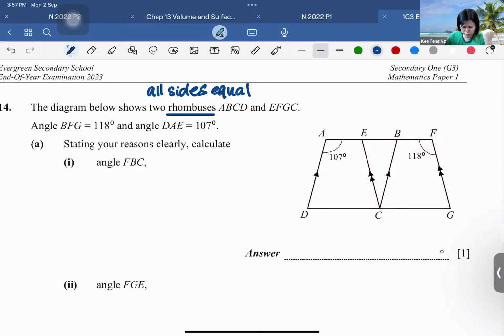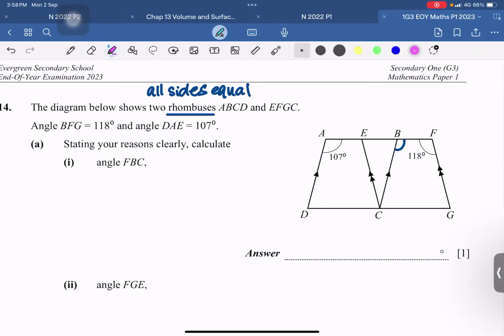Find angle FBC. How do I find angle FBC? Yes? Corresponding angles. Wonderful. Corresponding angles on parallel lines.